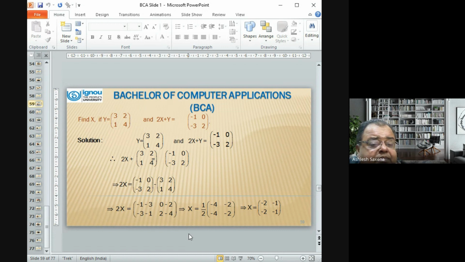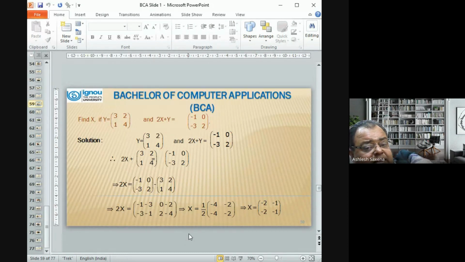The same method has to be followed that we normally use in finding the values of a variable. So I will keep 2X on the left hand side, with the equal sign in between, and I will transfer matrix Y to the right hand side. When moving matrix Y to the right hand side, I have to change the sign.